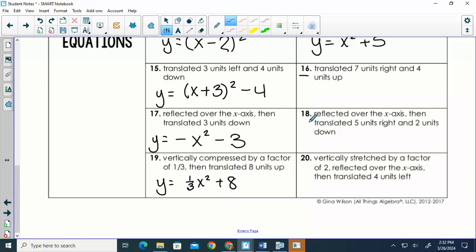I want you guys to try 16, 18, and 20. Okay, so what would make it go right 7? And up 4? Looks like we did pretty well on that one. 18, reflect over the x, so that means, okay, going right 5 and 2 down.